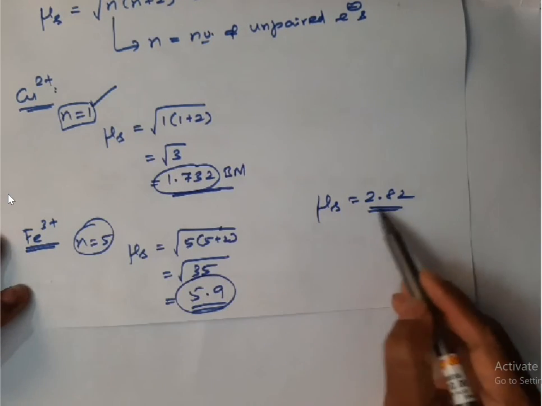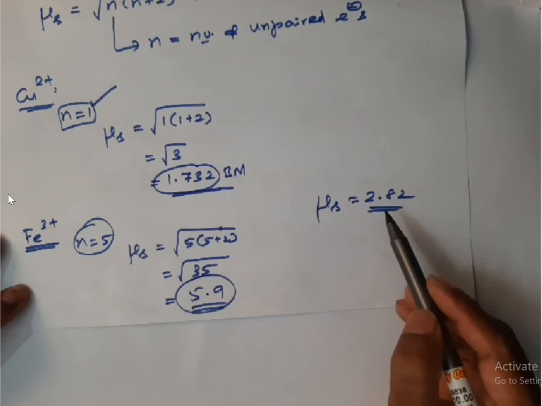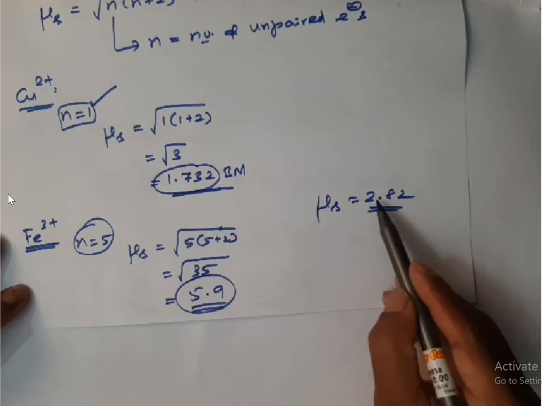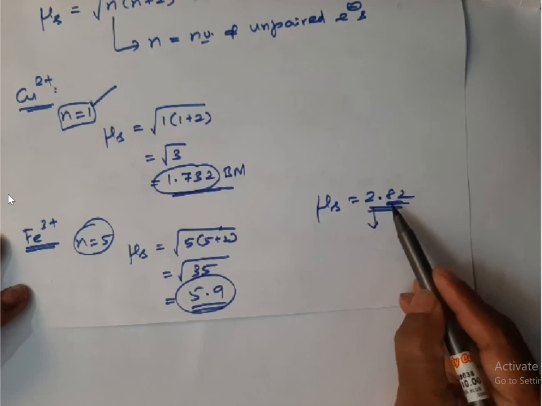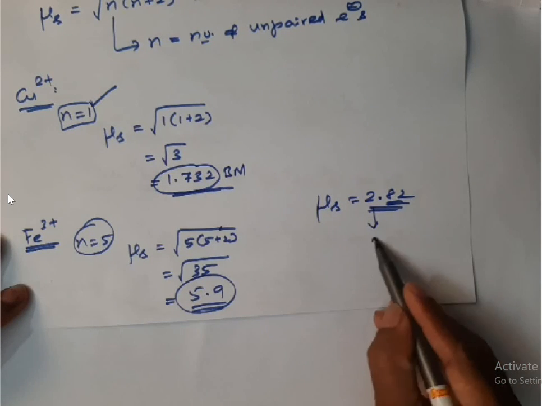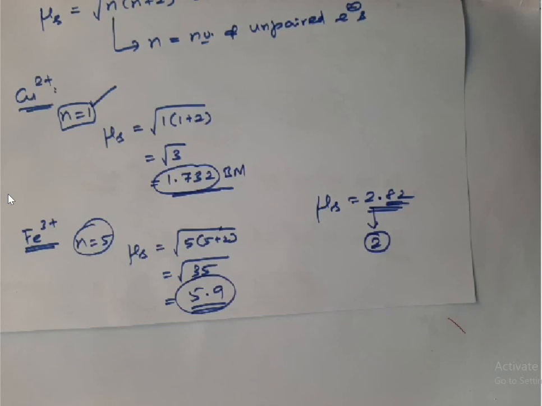Okay, don't round off the value. Don't round off. 2 point something, whatever may be the something. It may be 2.8, 2.9, whatever it is. It consists of 2 unpaired electrons. If there are 3 unpaired electrons, the spin only magnetic moment will be 3.8 or 3.9. You should not round off the value.